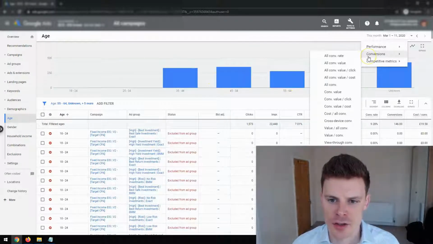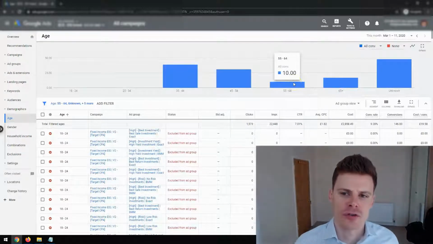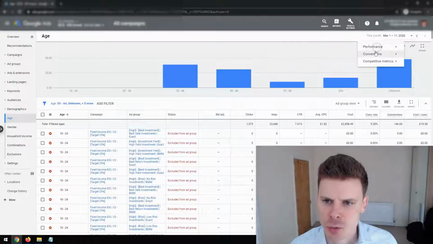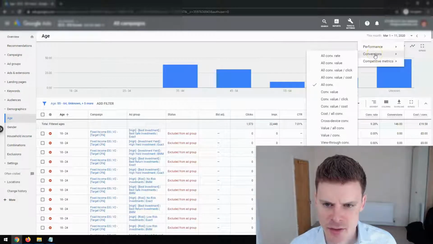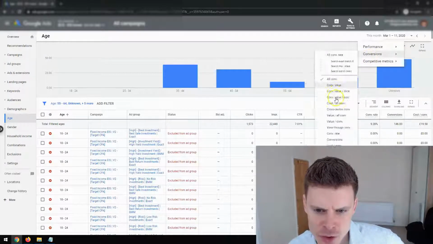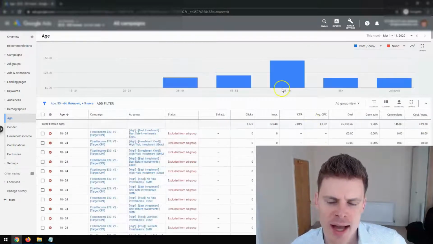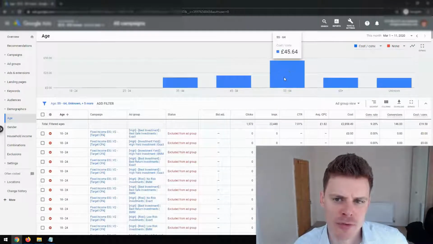You can look at conversions, so you can see where we are generating most of our conversions from. And you can also take a look at the cost per conversion.